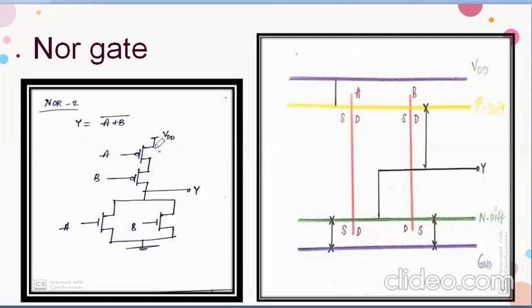So my first input's source is connected to VDD, and the drain of A and the source of B are connected. And the drain of my input B is connected to the output. So I connected using this.